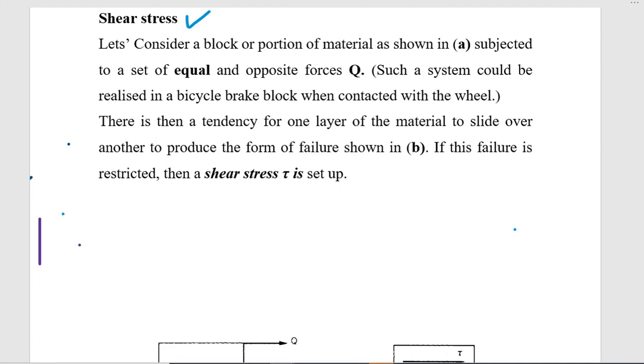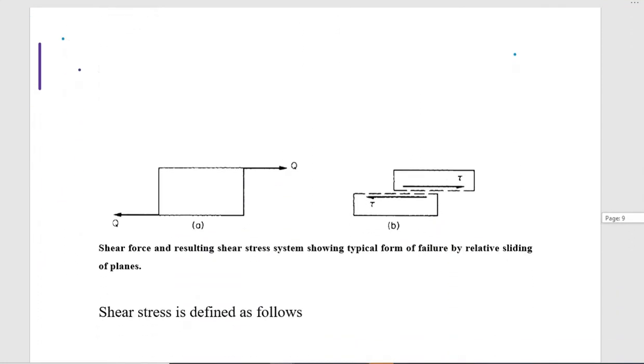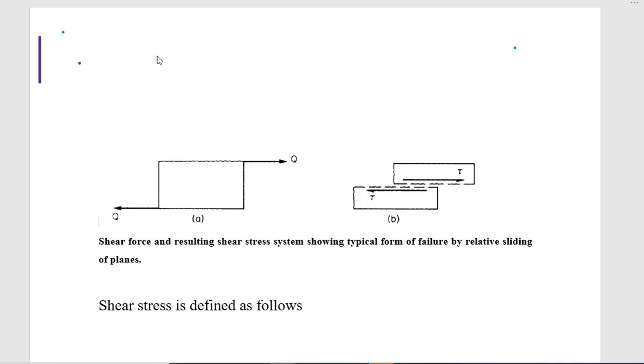In this lecture, we are going to discuss shear stress. Let us consider a block or portion of material as shown in A. This is A and is being subjected to two equal opposite forces Q that are acting tangentially to the material.